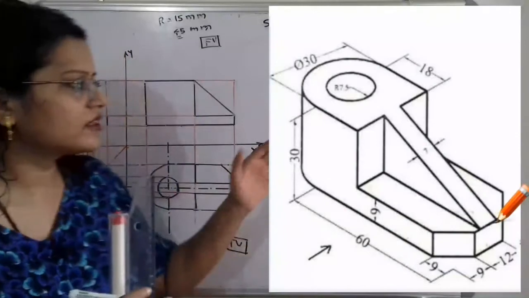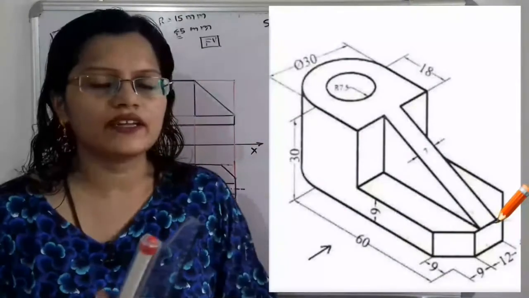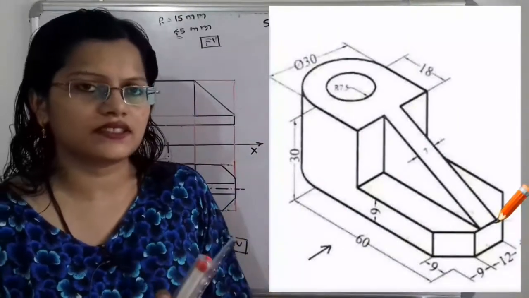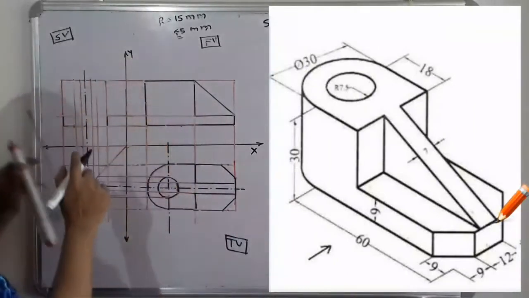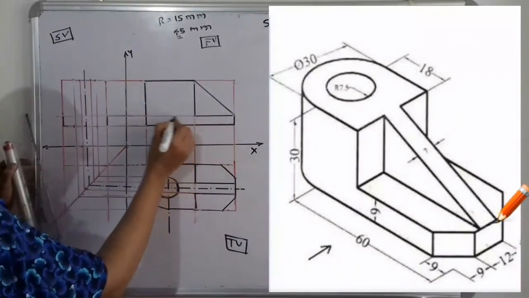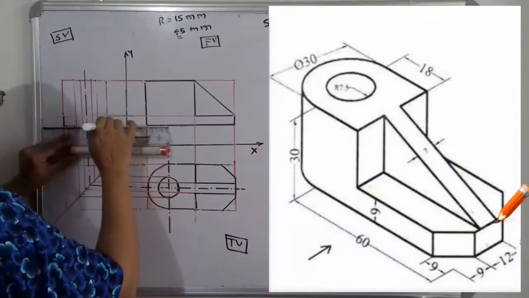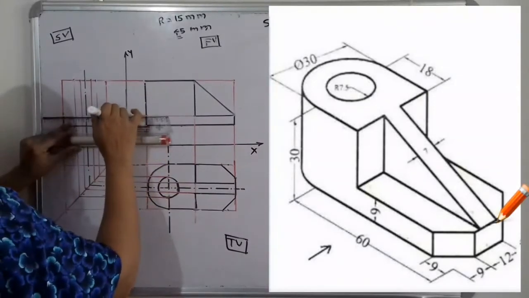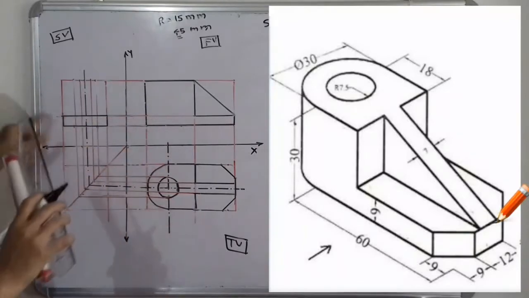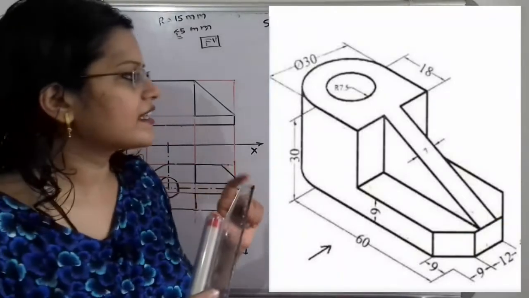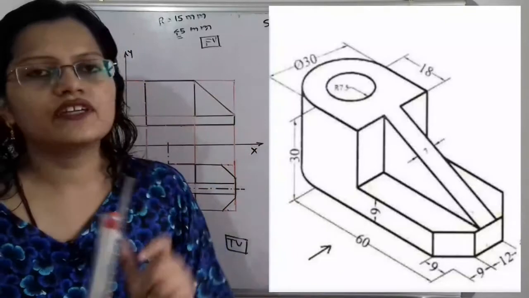Now if we observe the structure from the side view, then we can clearly see the base construction having the 9 millimeter height. So here is the projection of the line having 9 millimeter height. So we will complete it. So with the help of this construction line we have to complete this. Then we can clearly see what is the width of that rib.